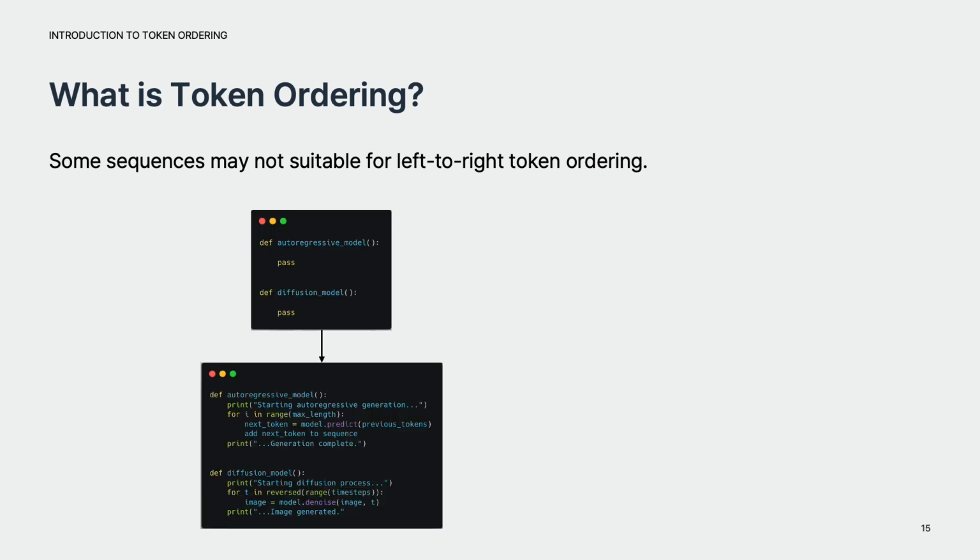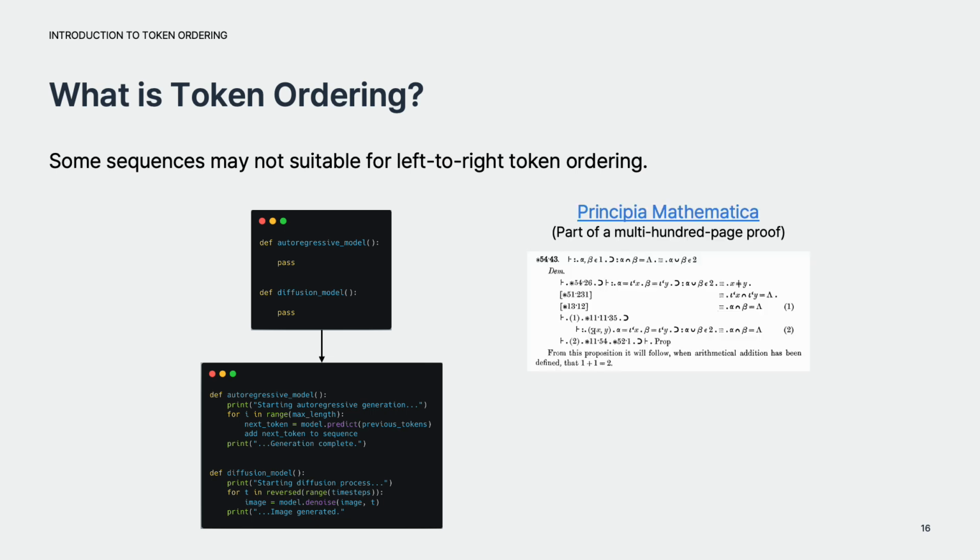For example, in coding, we might first write the definition of a function and only afterward fill in the contents inside each function. This is clearly quite different from how current LLMs generate all code left to right. Second, suppose we are writing a long mathematical proof or scientific discovery. In that case, we may not generate tokens in the sequence strictly from left to right.